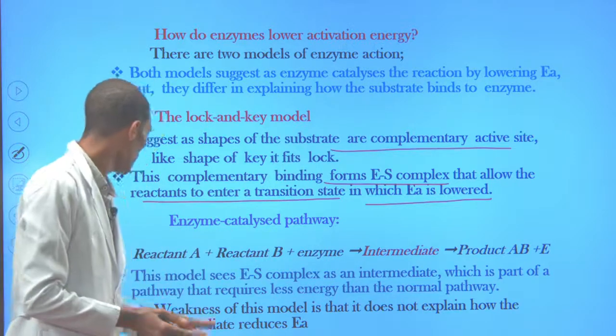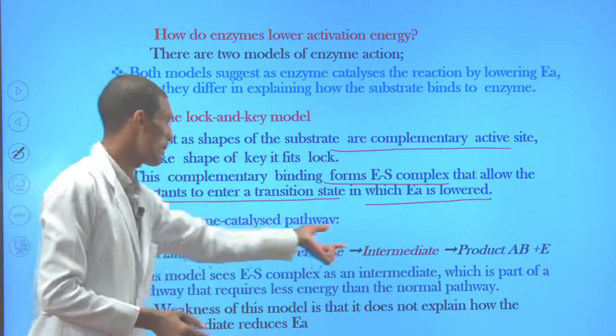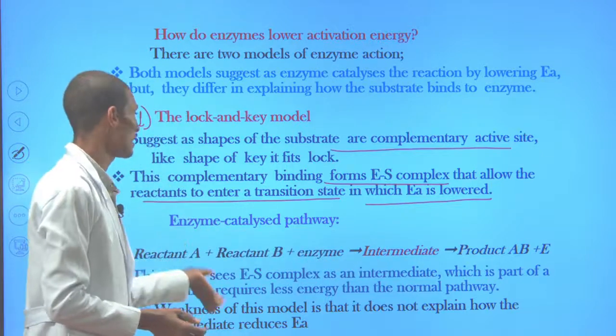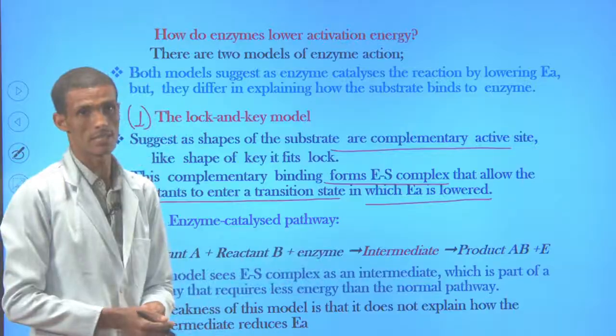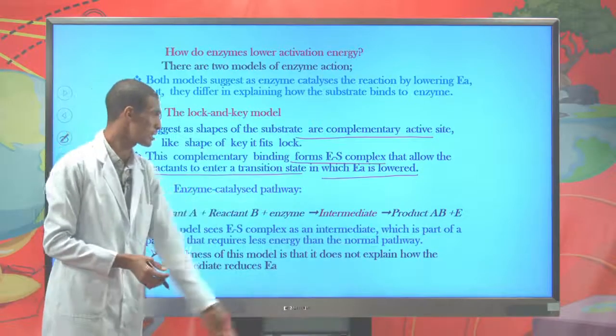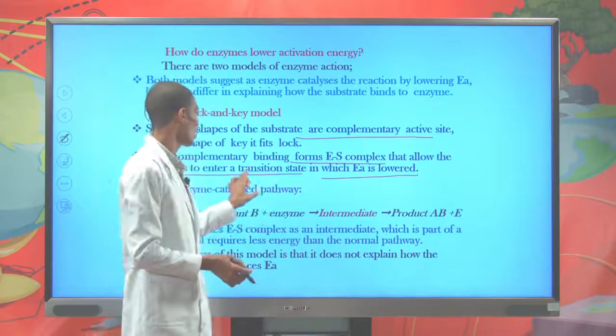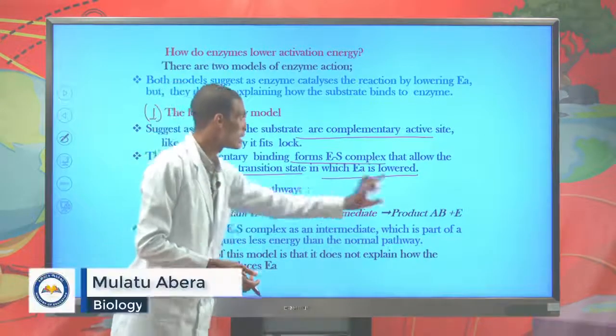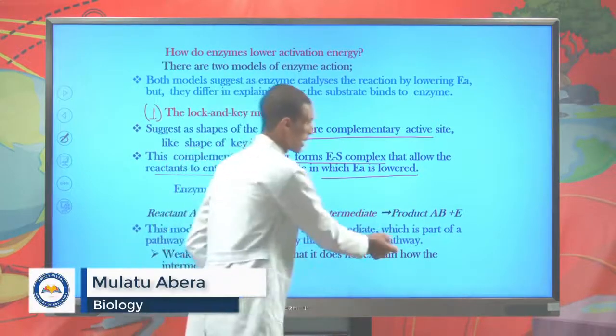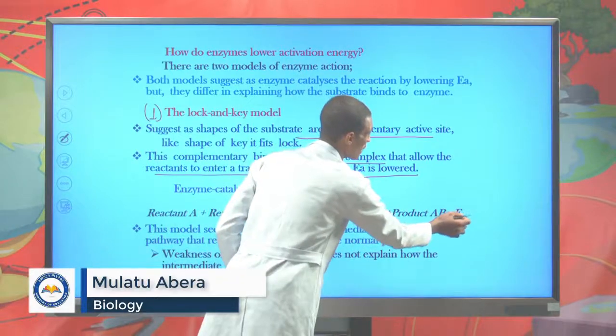For example, here there is an intermediate formed. There is reactant A, reactant B plus enzyme, which we call the catalyst. In the catalyst pathway, there is an intermediate, which is a part of the pathway, a part of the transition state. There is the product formed here, product AB. The enzyme is unaltered and found as it is here.